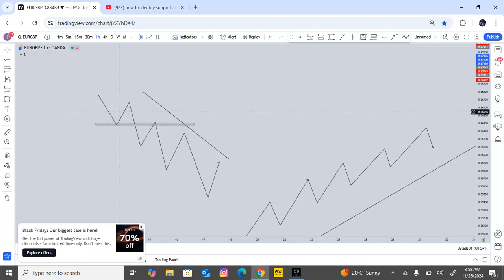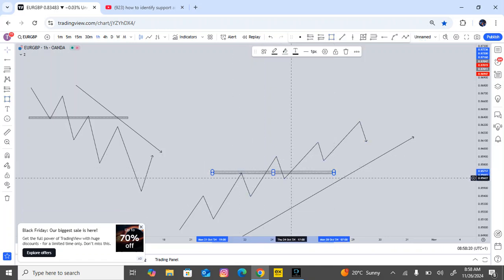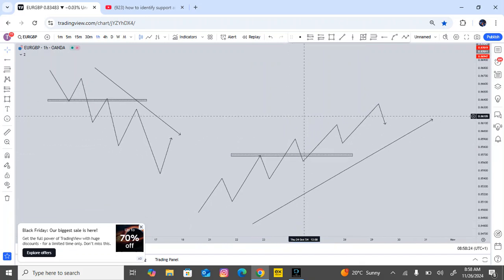If price breaks support, comes back into that same support, it will now act as resistance, right? Same thing with the uptrend. If price breaks above a resistance and comes back into that resistance, it will now act as a support, right?